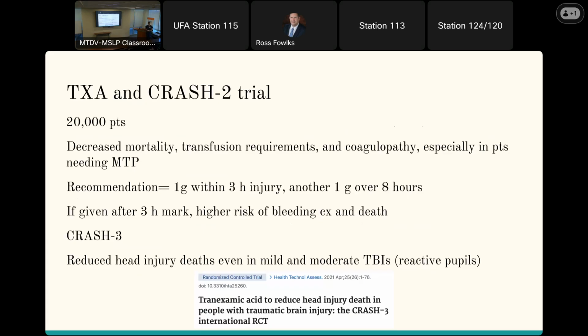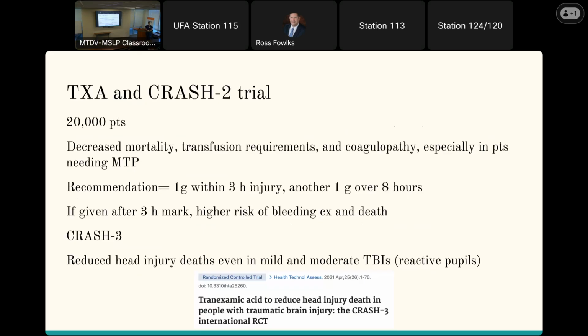The side effects, the poor side effects, are not that bad with giving TXA to someone who may not need it or if it's past that 3 hour mark. You're not really going to harm the patient, for instance. So I would go ahead and give it if there's any question or if you're not sure how long they've been down.